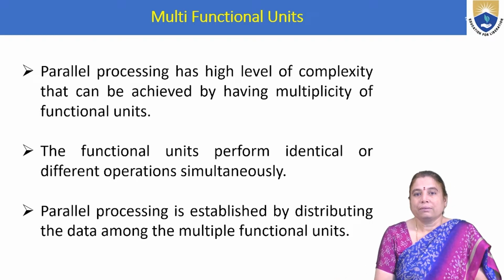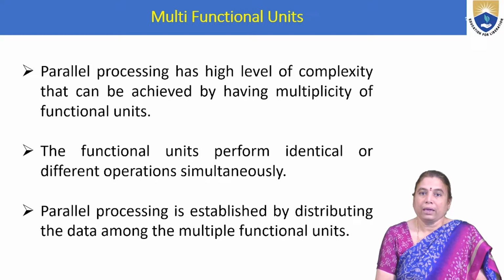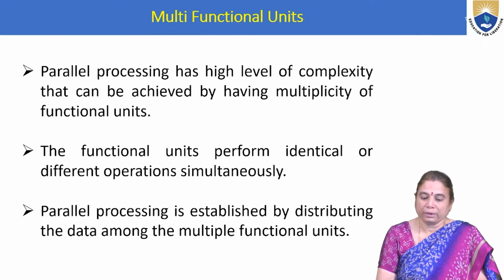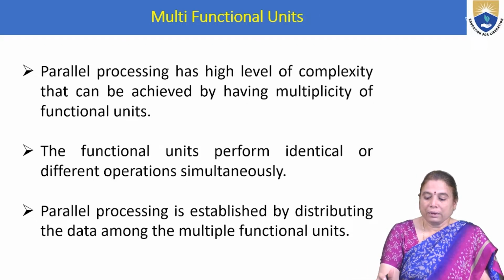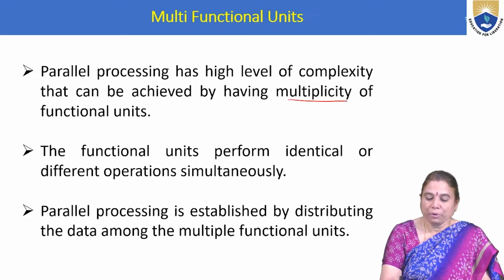So, how can this parallel or concurrent execution of instructions be achieved? With the help of hardware. That hardware is the multifunctional units. Parallel processing has a high level of complexity. So, it can be achieved with the multiplicity of functional units.